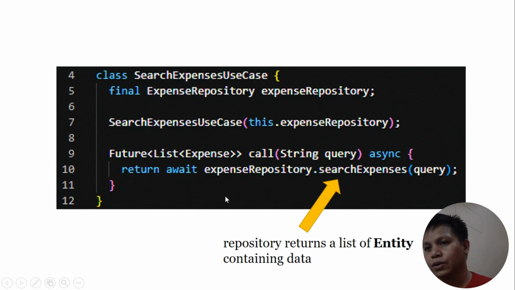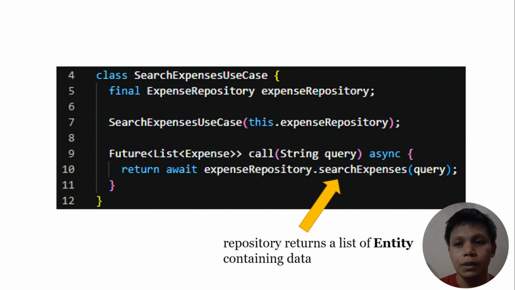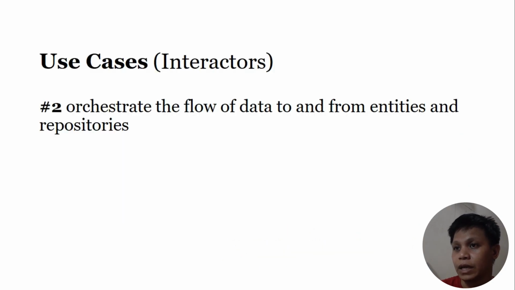And of course, it's going to return that value to the use case, which also returns it to the presentation layer. So, in other words, the use case can accept data, again, the flow of data, diba?